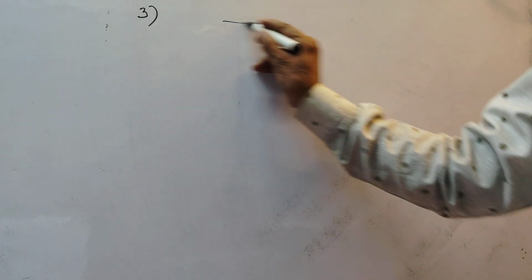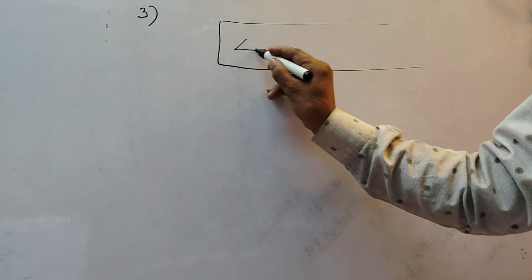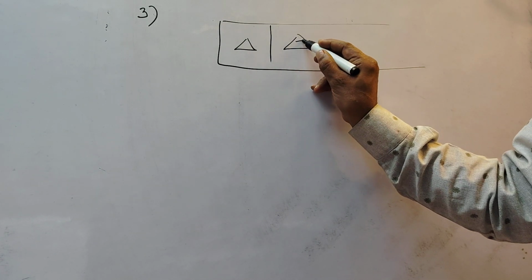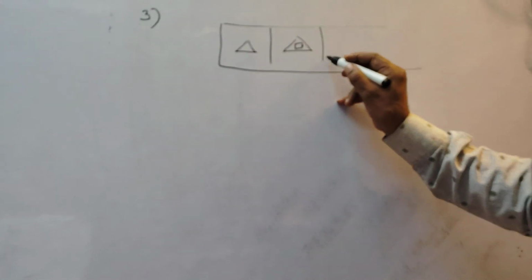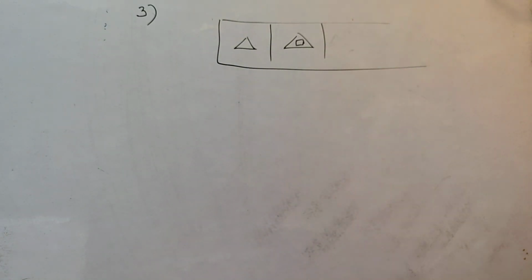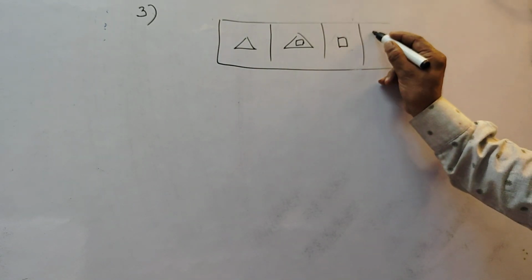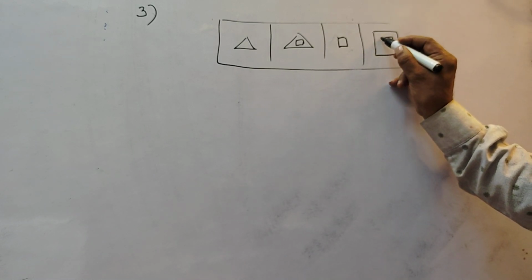Now third question. There is a figure given in the series. First one is given triangle. Second one is given triangle, inside there is rectangle or square. Third one is square. Fourth one is square and inside it pentagon.